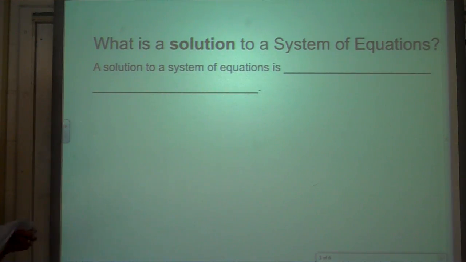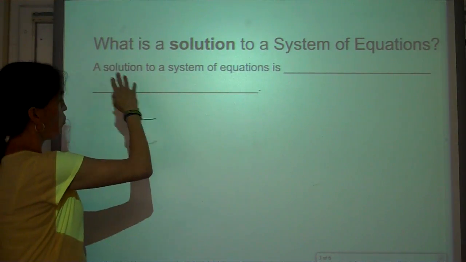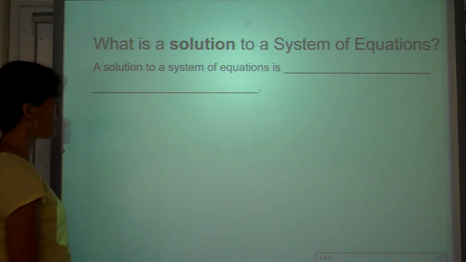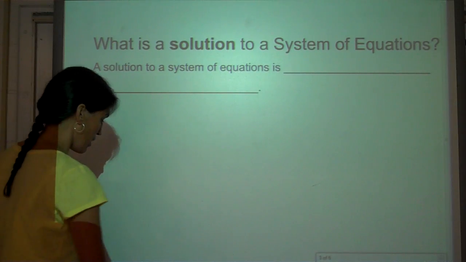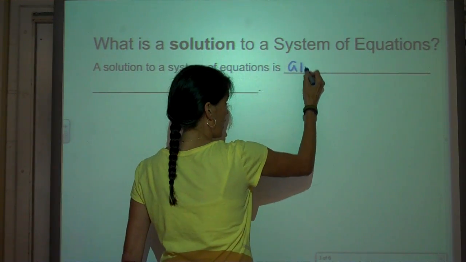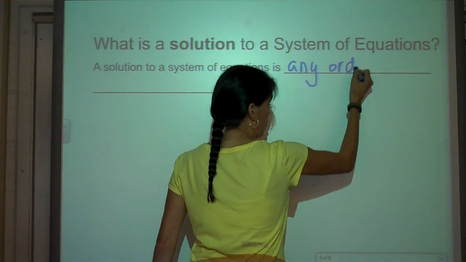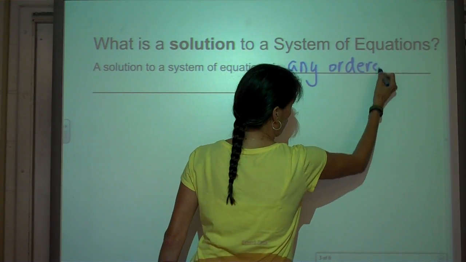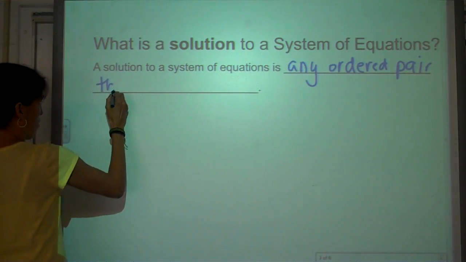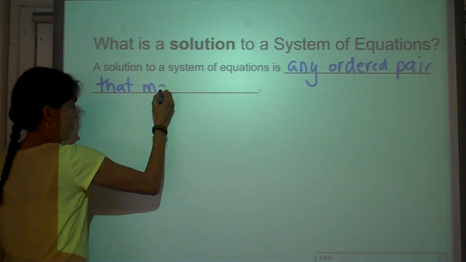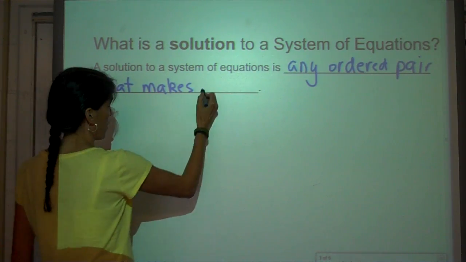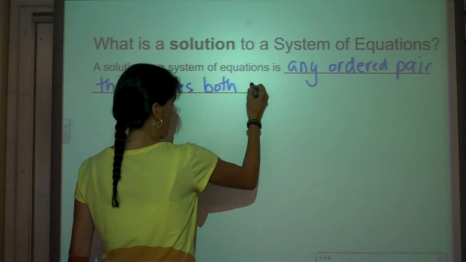Okay, so the next thing is, what is a solution to a system of equations? A system of equations is two or more equations together. A solution to a system of equations is, write this down, any ordered pair that makes both equations true, because we're only going to use two.